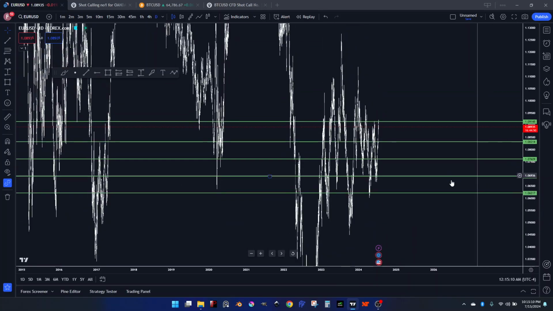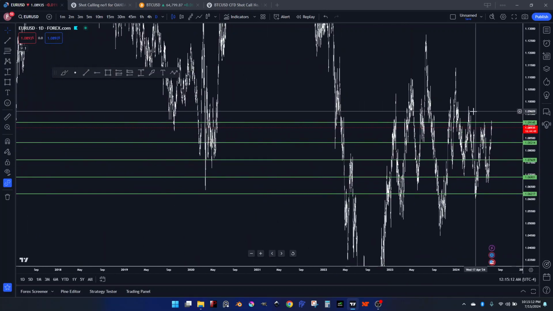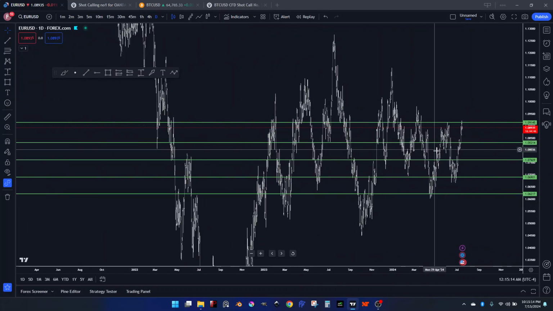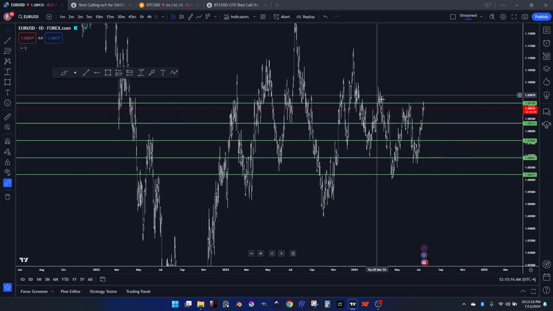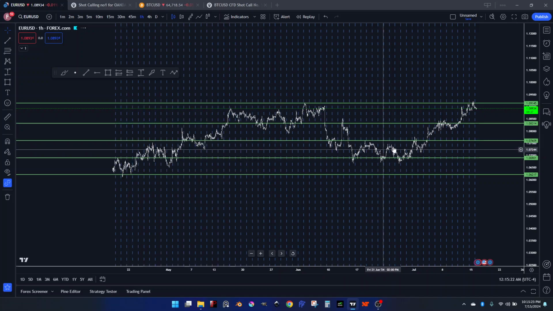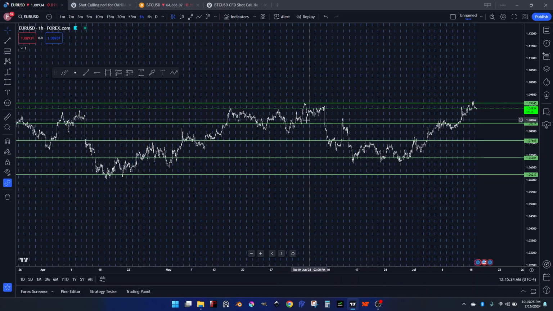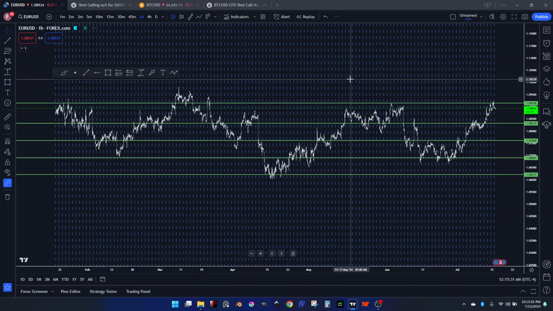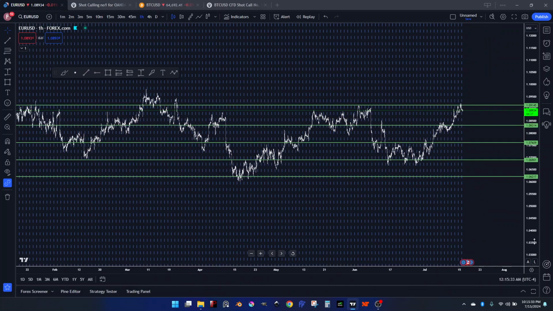Usually the dailies will be your strongest levels, but they are also going to be the widest ones apart, and you could be waiting forever in some of these trades. So I kind of suggest being around the 1 hour or the 4 hour, so you get a little bit more opportunities. Even if you're using a wide setup like this, you could get quite a few opportunities out of it.